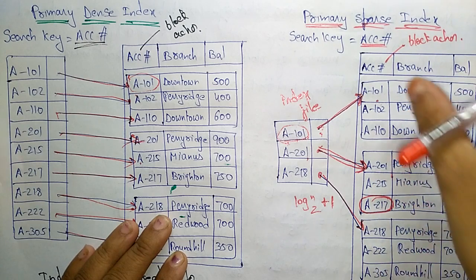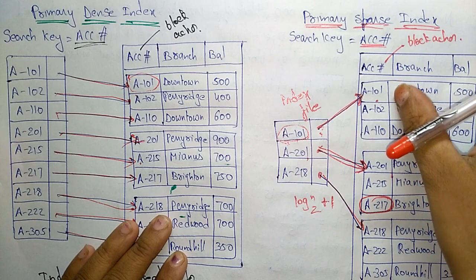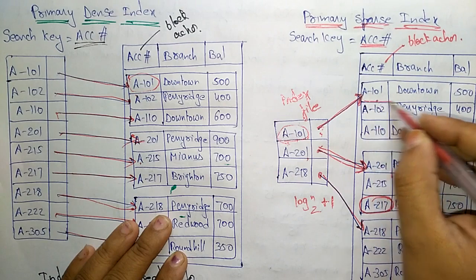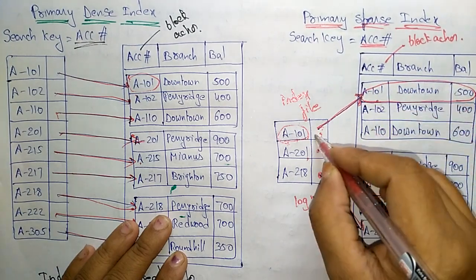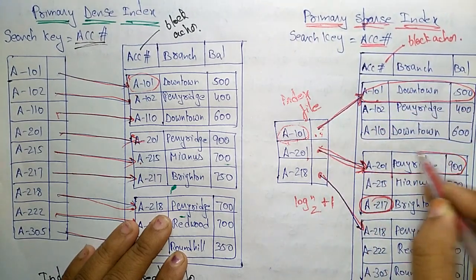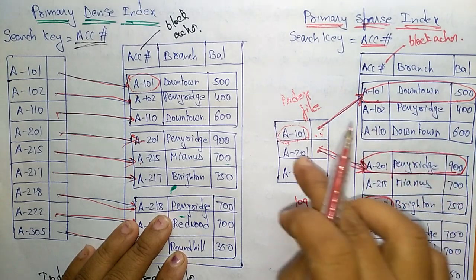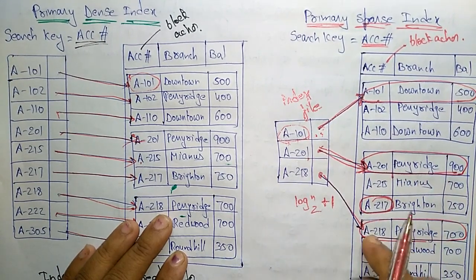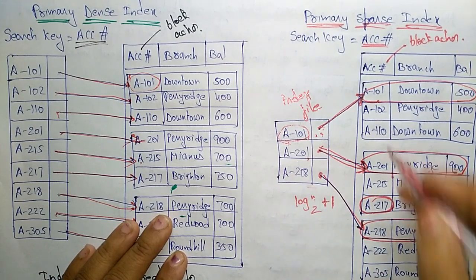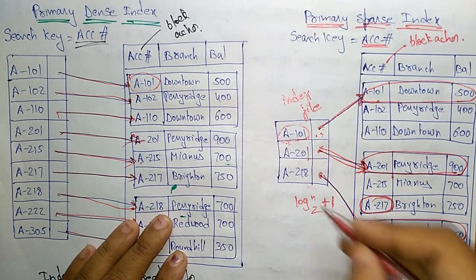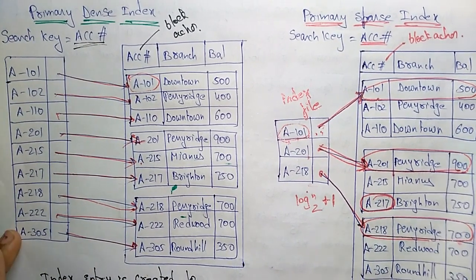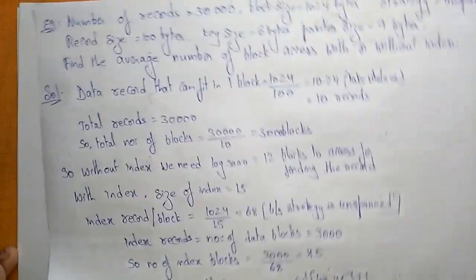Only the first record of every block has an entry made in the index file, rather than entering all the search key values in the index file. So this is about the primary sparse index. Let us see the example.